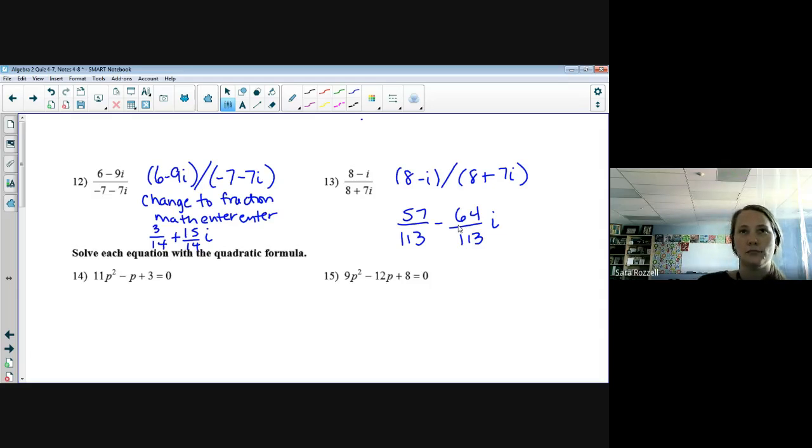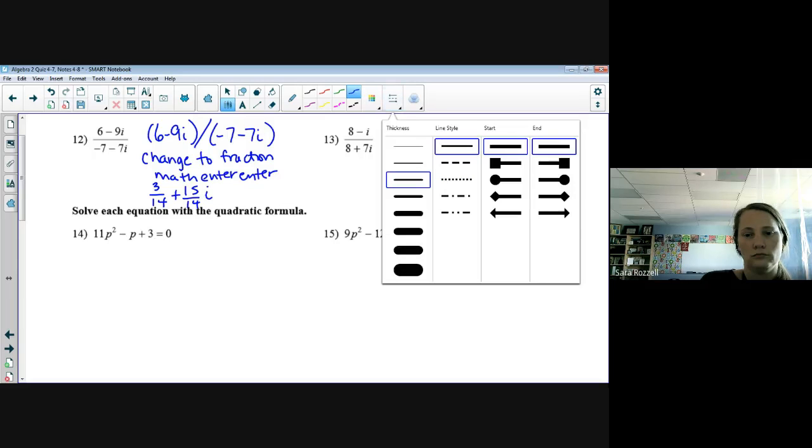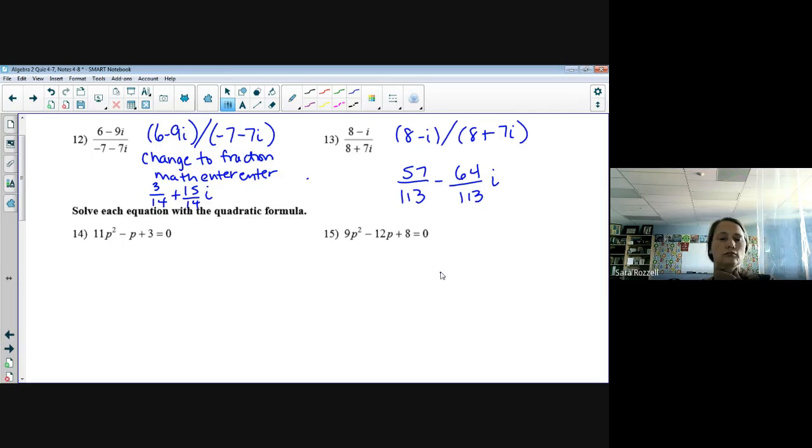Then you got a crazy decimal. Then you have to hit math, enter, enter. All right. Hopefully that works. If you still can't get it, Alex, I'll help you when we all start working on your homework.